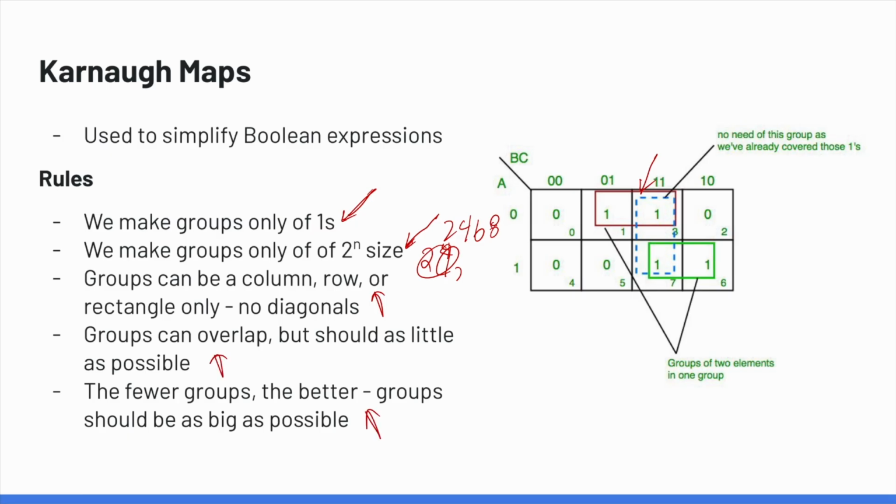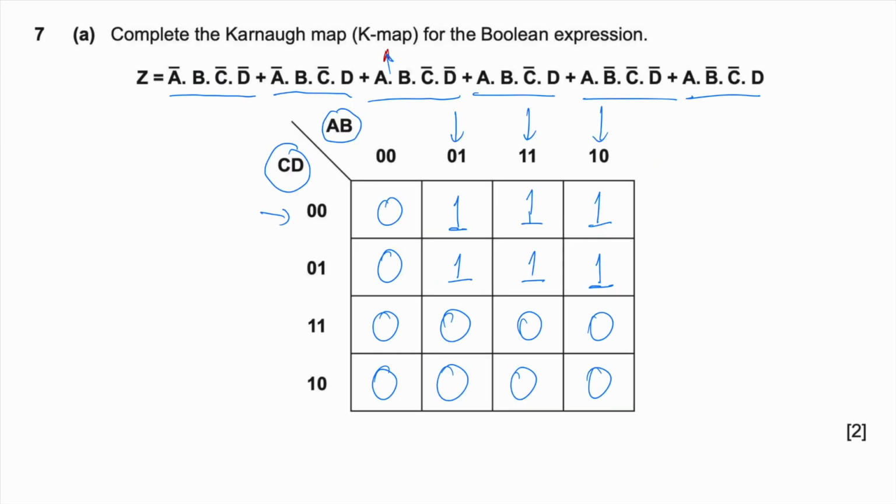So right here, you can kind of see how that was done. We have a group of ones right here and a group of ones right here. This was probably a smaller truth table, so we had a set of expressions that only involved 3 inputs. If you look right here, we need to follow our rules. We can only have groups of 2 to the n size, and we want as few groups as possible, which means looking at this Karnaugh map, we're probably going to have 2 groups of 4.